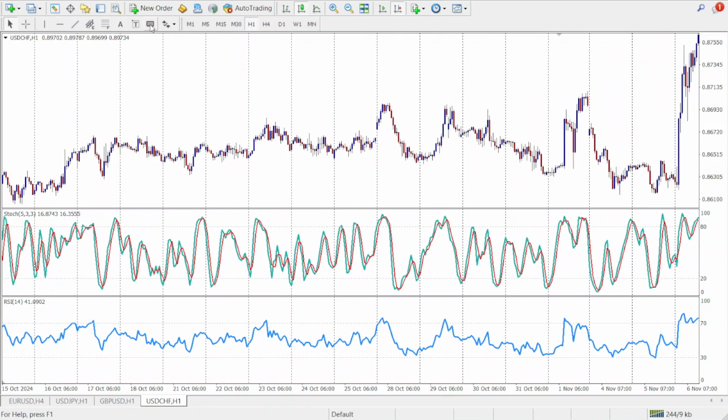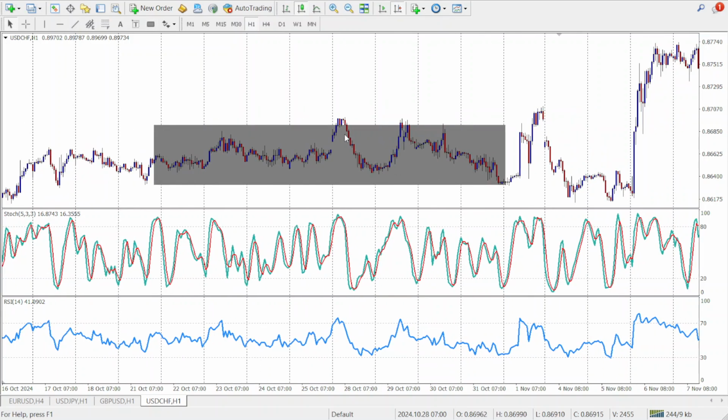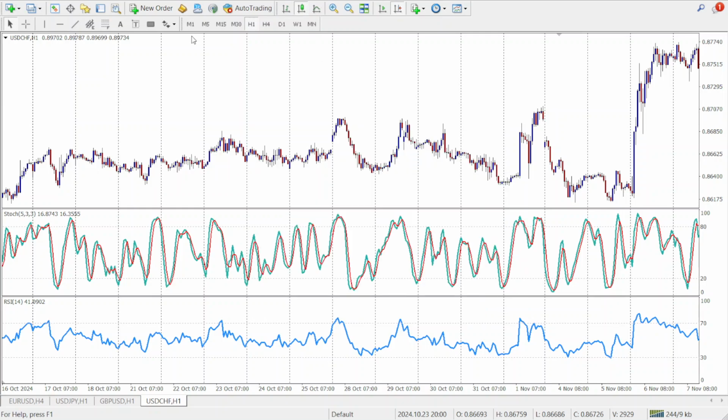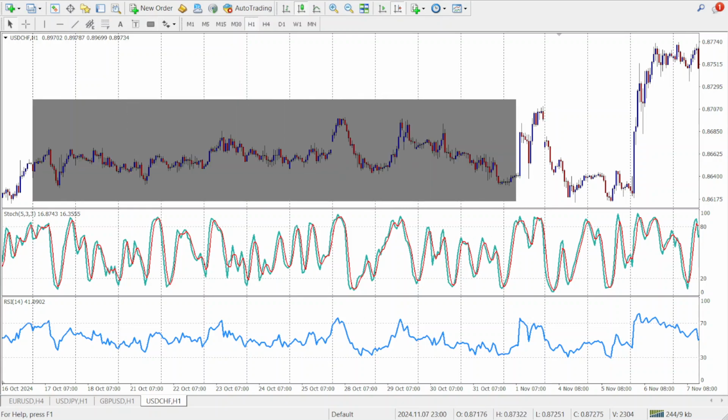Okay, we can use this as an example. Basically, in a range-bound market, price moves within a defined range. There is no clear trend, and prices bounce between support and resistance.